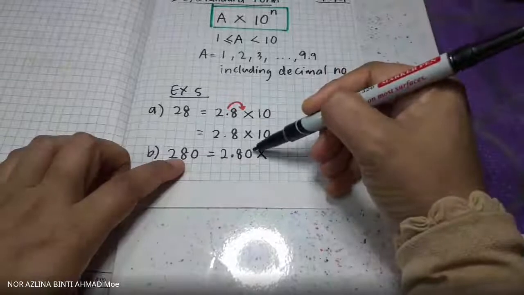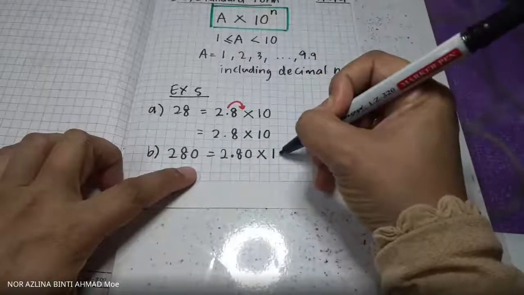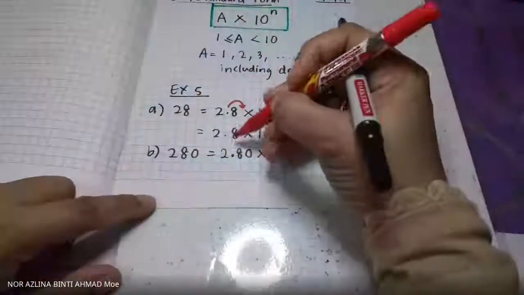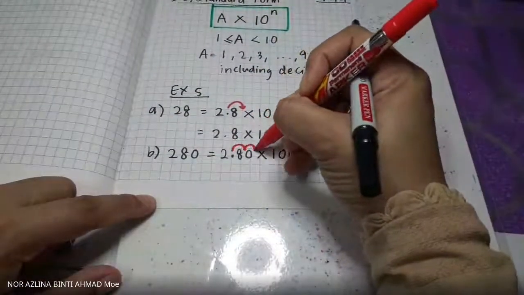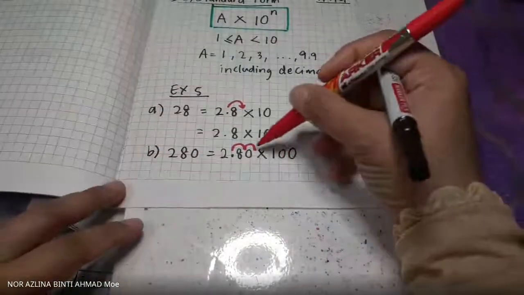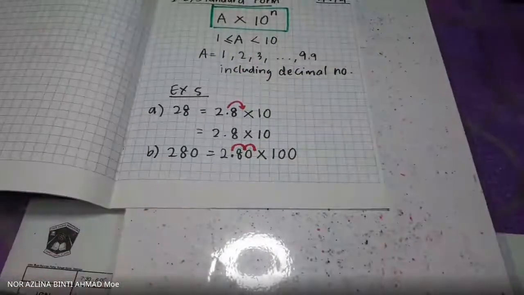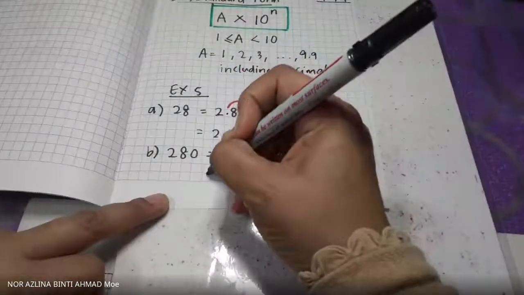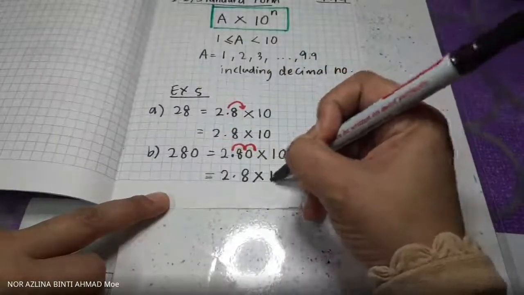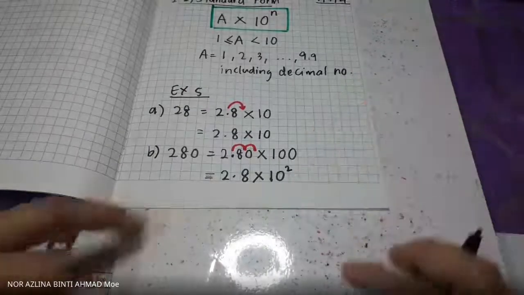We need to multiply with 100 to get 280. So multiply 100. How we know 100? Because if we move the decimal 2 times, so we get 280. So 2 times means 20. 20 means 100. So the standard form is 2.8 multiply 10 to the power of 2. This is the standard form.